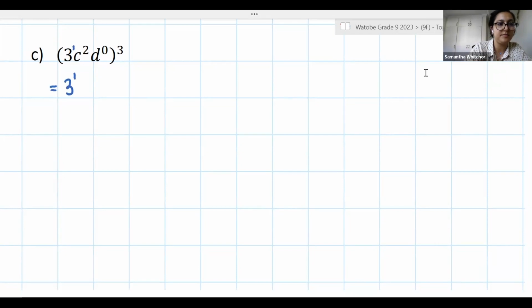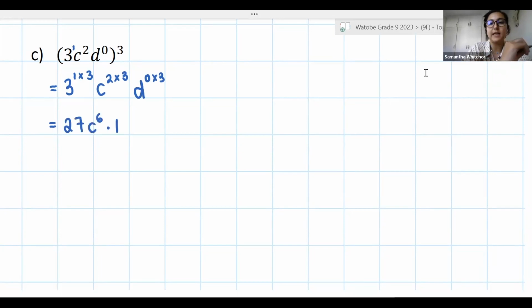And then C would be to the power of 6, because it's 2 times 3. Okay. And then D is 0 times 3, so I think that would not be there. Okay, and why would it not be there? Because it's to the power of 0. And that means it has a value of? 1. 1, exactly.